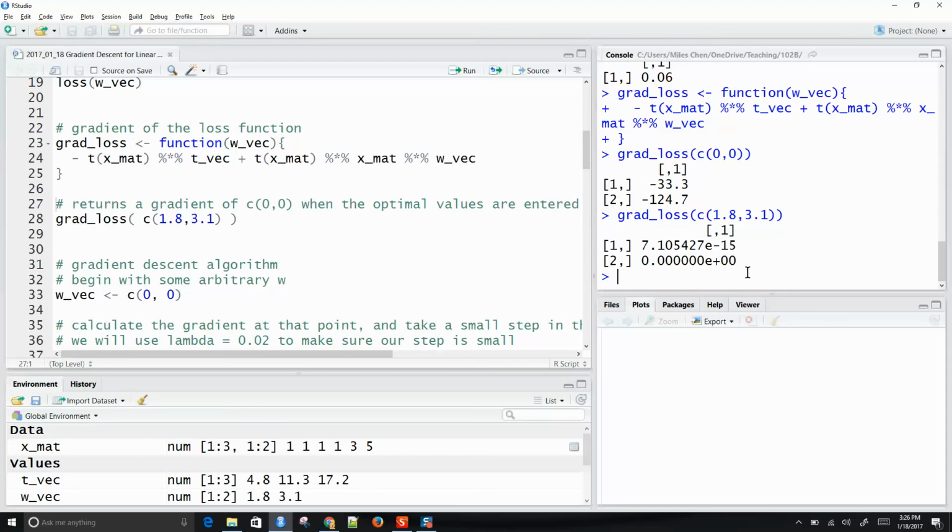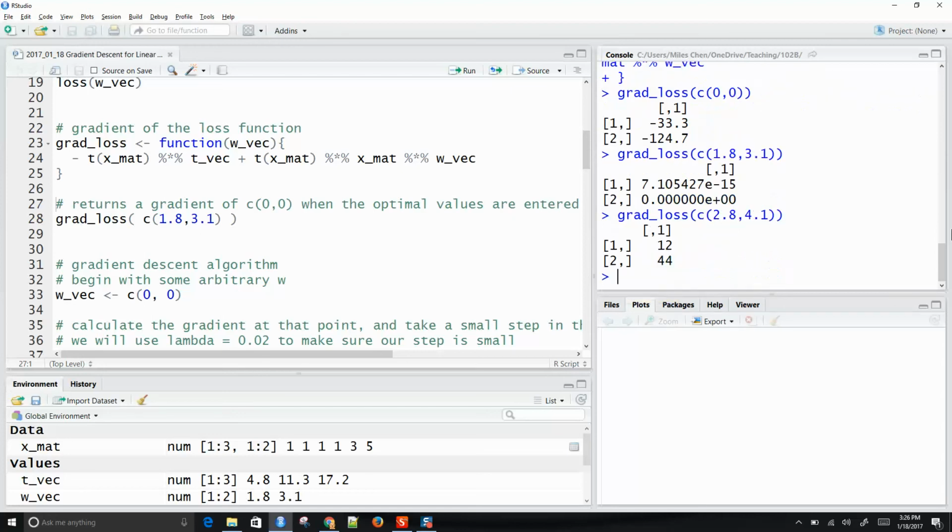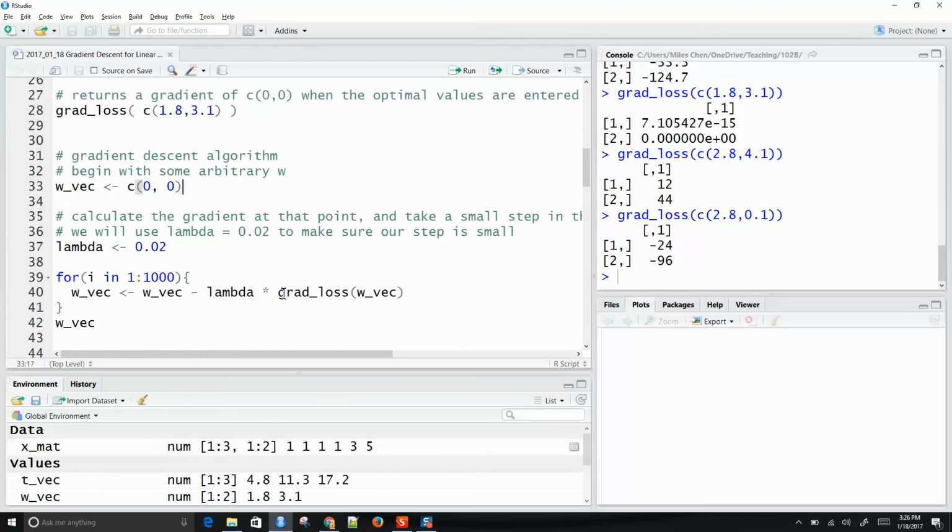If I plug in a number that's too big, 2.8 and 4.1, this tells me we're starting to veer off in the other direction, and it gives me a positive gradient over there. Or if one of these is too small, it points me in the direction of steepest descent. We want to go in the steepest descent, so we're going to go in the opposite direction of what the gradient says. Is that okay?